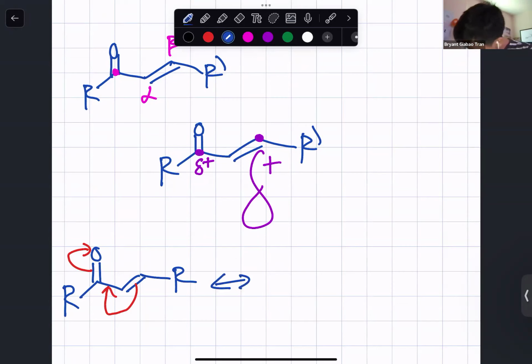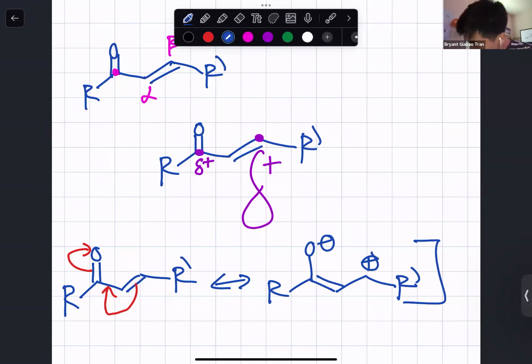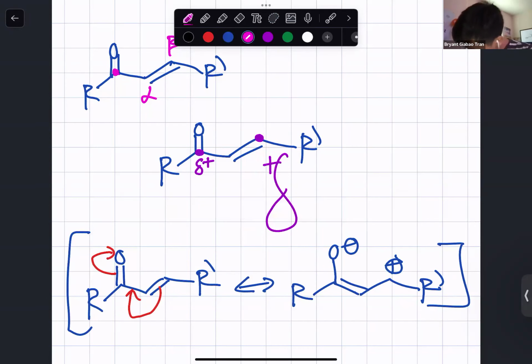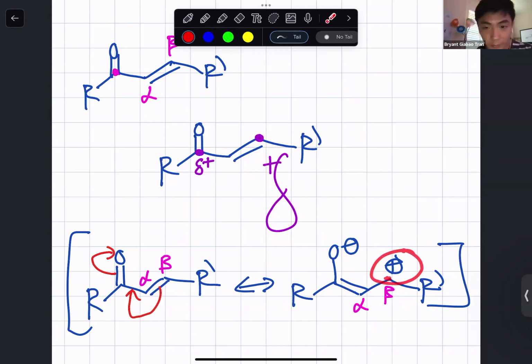In this resonance structure, the beta carbon has a full positive charge, making it the better electrophile, a bigger positive charge than the carbonyl carbon.